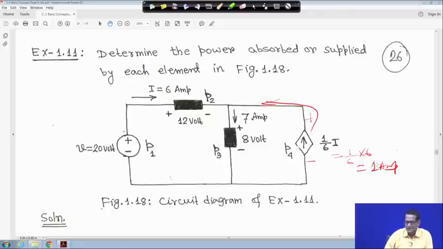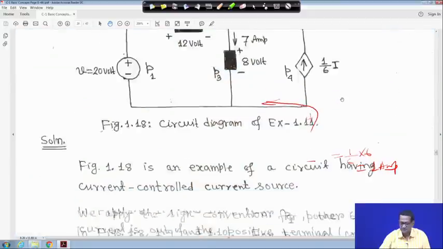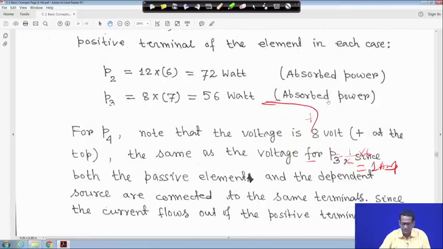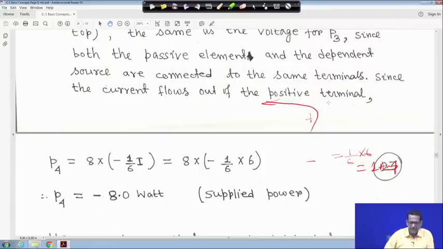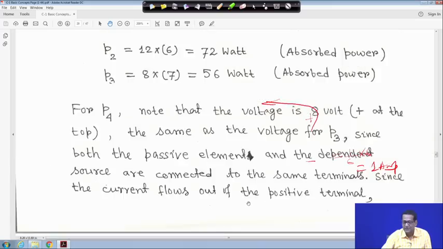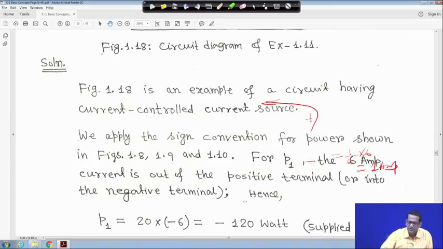Now, what is the voltage? The voltage across this is 8, and the current is leaving the plus terminal, so it is minus 1 with I equal to 6 ampere. So, it comes to minus 8 watt supplied power.